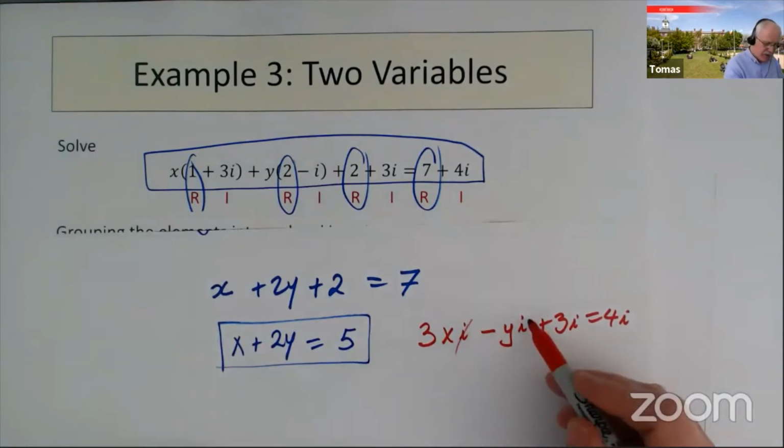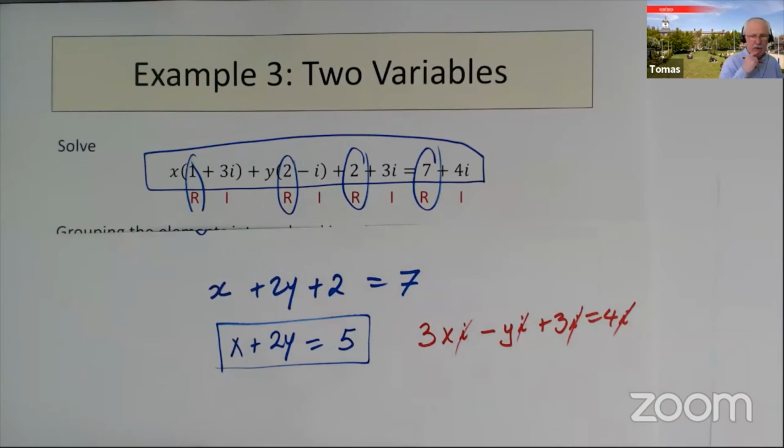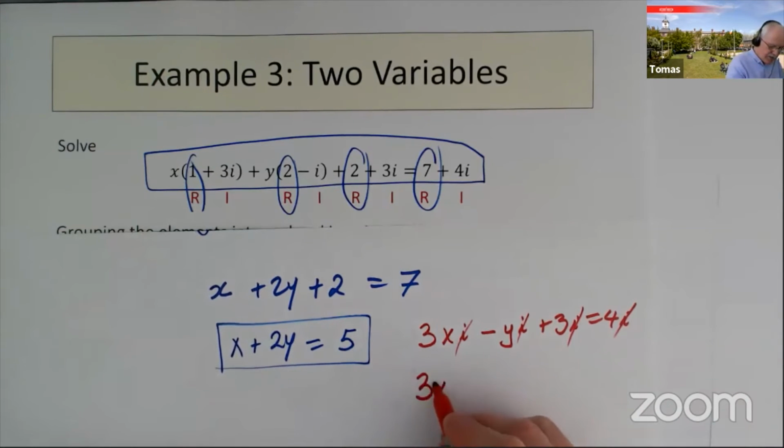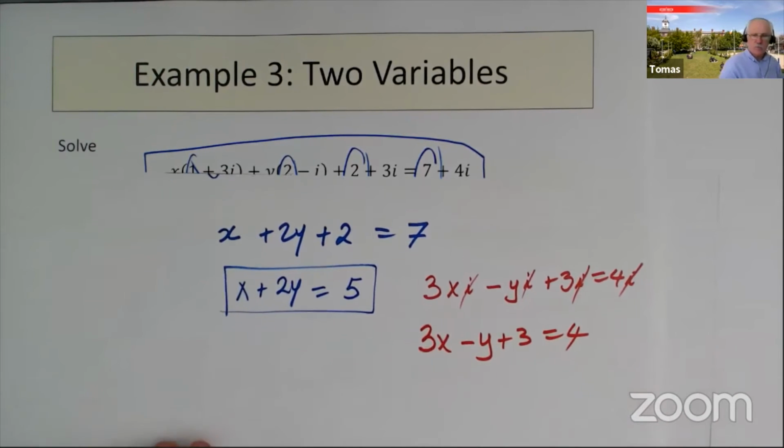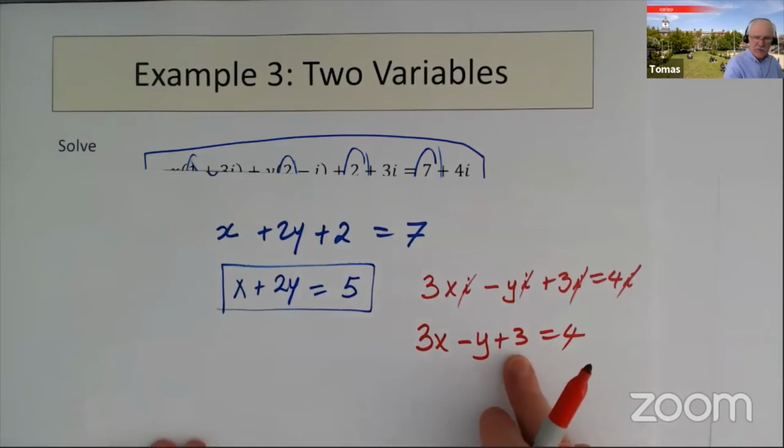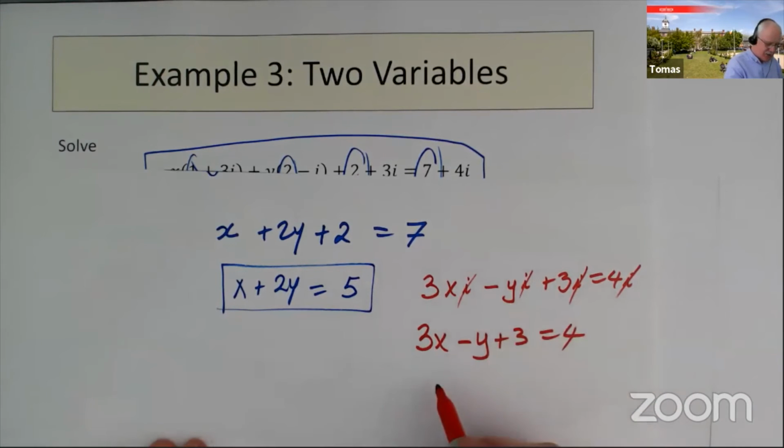Now let's get rid of all the i's because we don't need them. And we get 3x minus y plus 3 is 4. I don't like the 3 on this side. I'm going to bring it over to the other side. 3x minus y is 1.